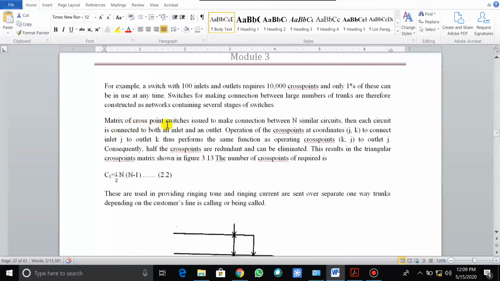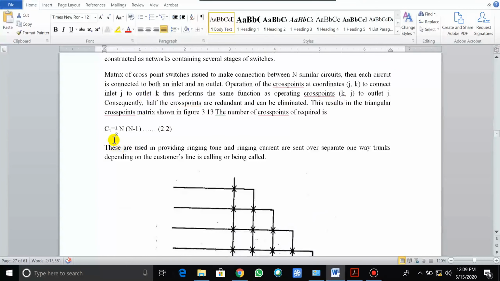A matrix of cross-point switches is used to make a connection between n similar circuits. Then each circuit is connected to both an inlet and an outlet. The operation of the cross points at coordinates j, k connects the inlet j to the outlet k. Thus the number of operating cross points is C = 1/2 n(n - 1).